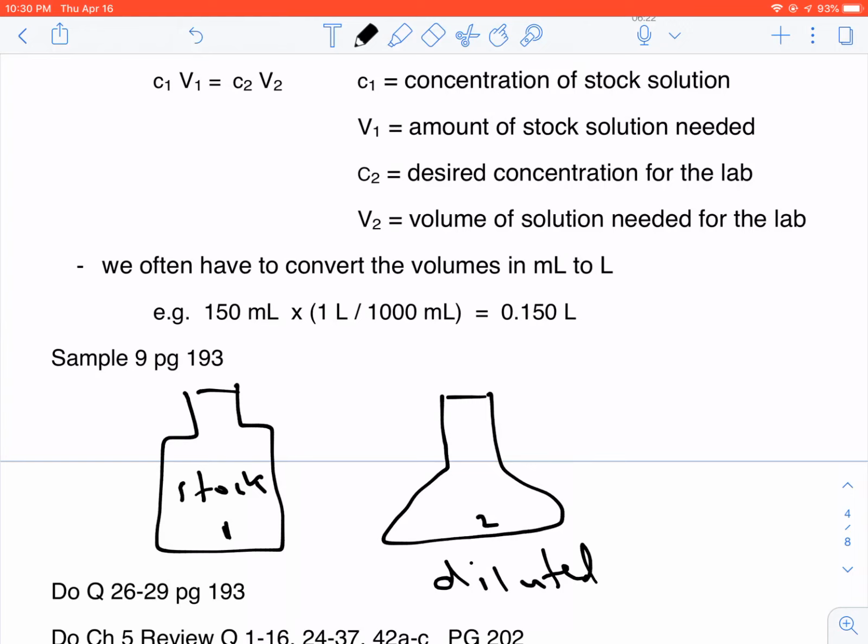Right? So the formula up top here says if I know the concentration of stock 1, and I know the concentration that I need to do my lab. So let's say the stock 1 solution is 10 moles per liter.